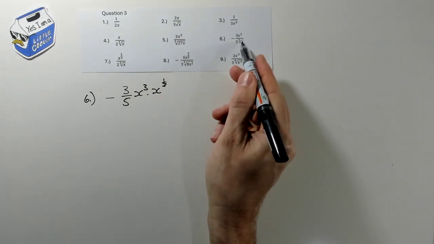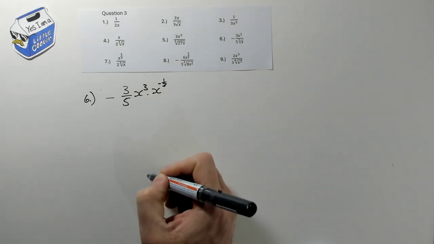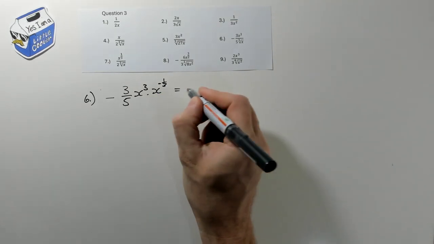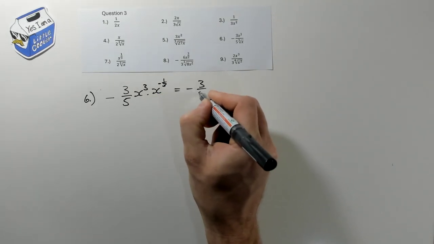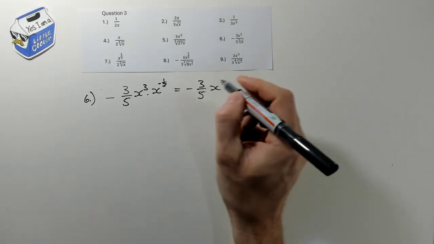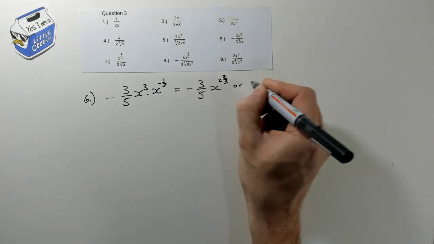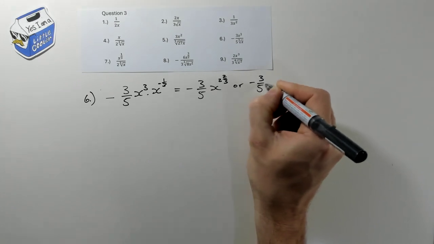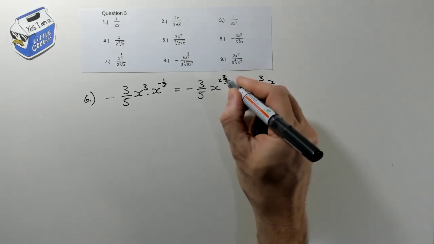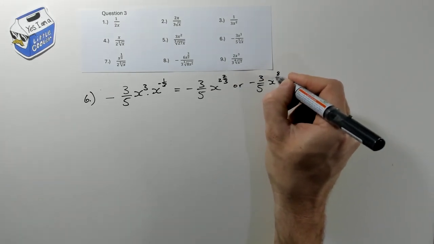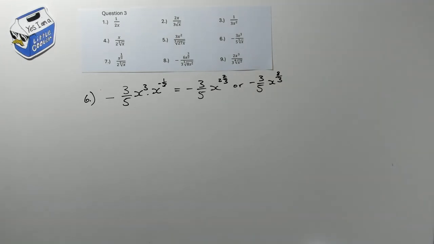Well, cube root, not cubed, cube root. And that would be a minus. And I'll just be left with 3 over 5 x, and 3 minus a third would be 2 and 2/3, or 3 over 5 x to the 8 over 3.